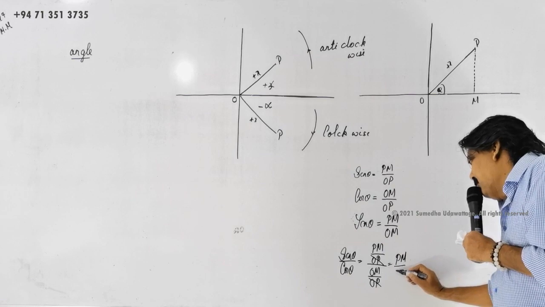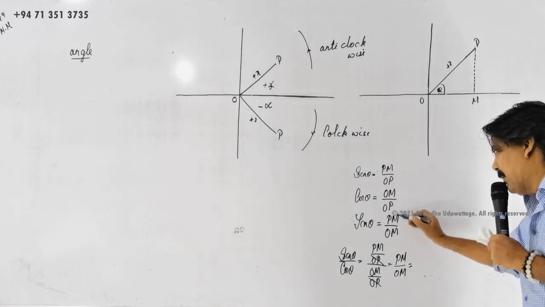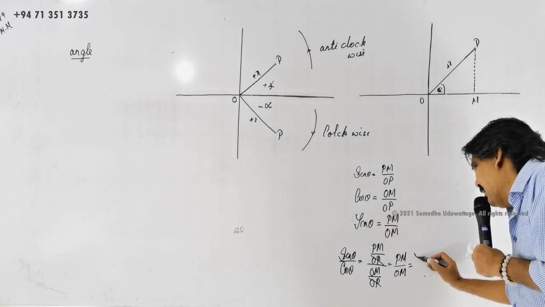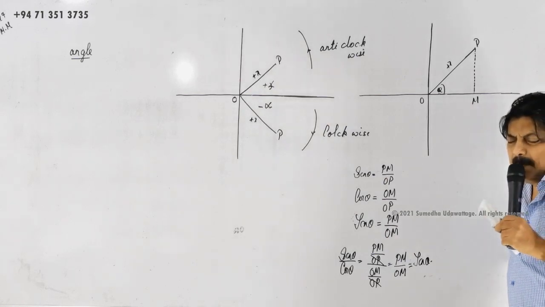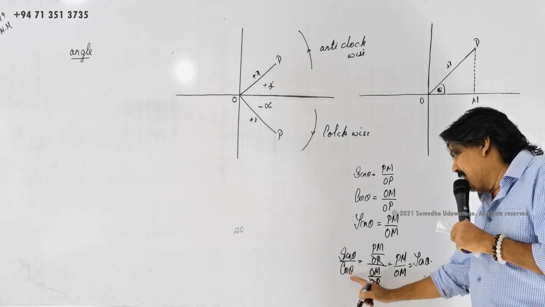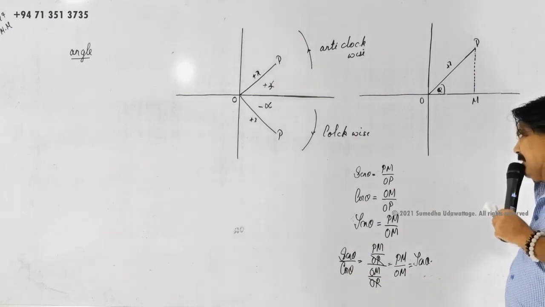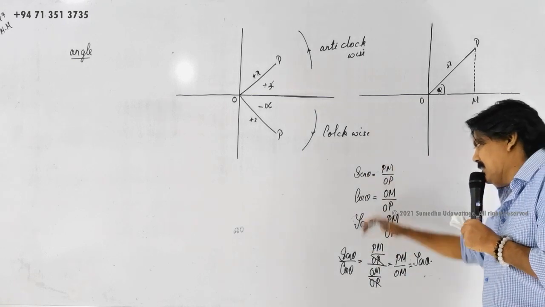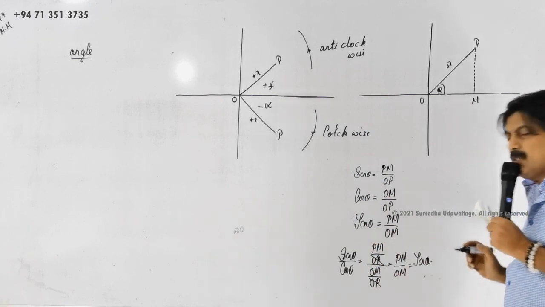You get PM over OM, and PM over OM is tan theta. Now you have to keep this in memory, memorize it: sin theta divided by cos theta is tan theta. These initial definitions, the first three, were done for O levels; this one was not.